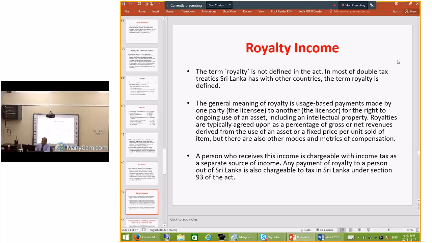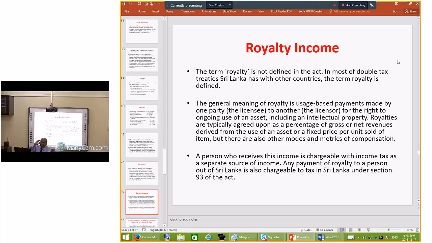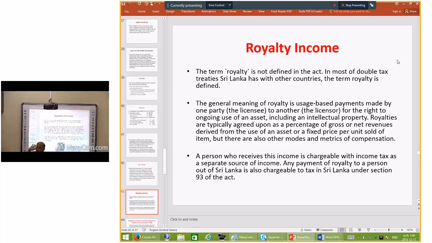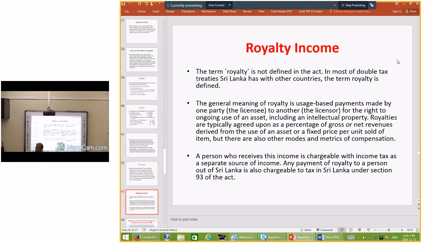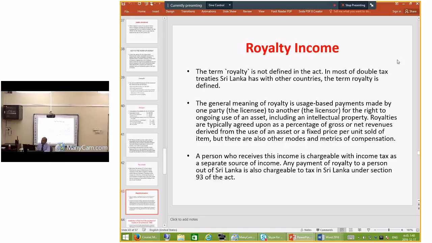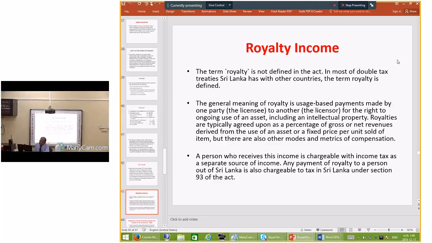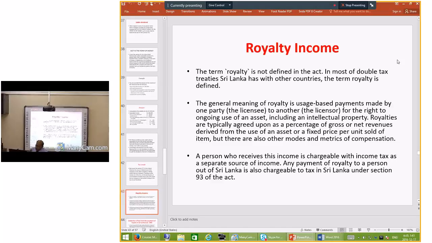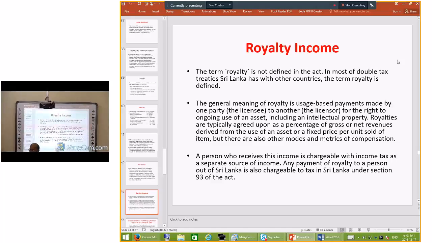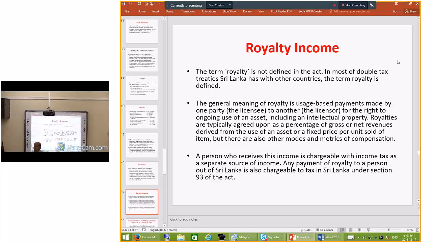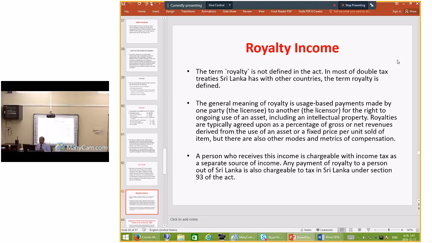Take a very recent one, Holcim. Holcim is a Swiss-based cement manufacturing company, a very famous cement company with a famous trade name. Holcim Sri Lanka paid royalty for the use of the name Holcim. In some cases they pay on the number of items used or the turnover, on a base agreed upon by the parties. They can agree 2% of the turnover, or 3% of the turnover.